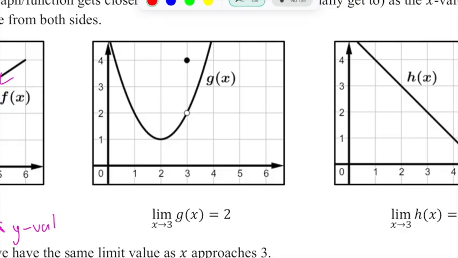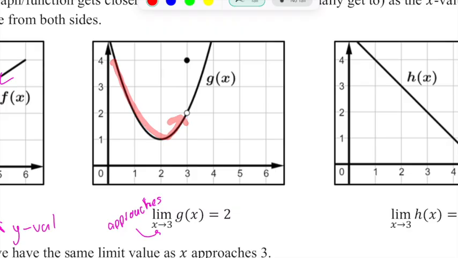Same thing here. So if you notice, this says what's the limit as x approaches 3 of g of x. So again, when we say approaches, we mean as it gets closer to 3 from both sides. So as we travel this way and this way towards 3. Now look what happens with the function.